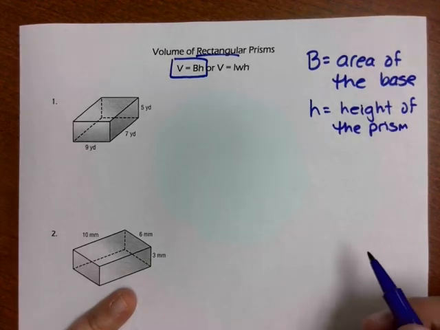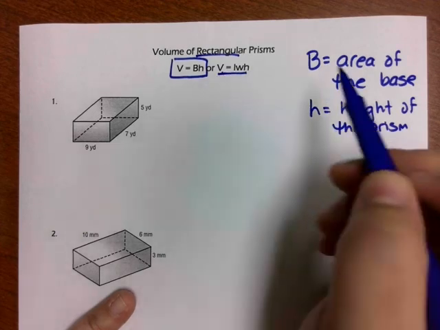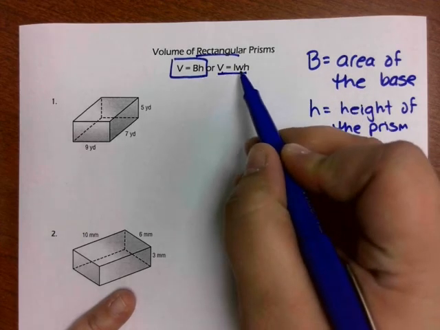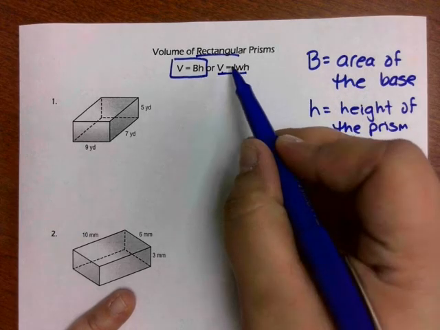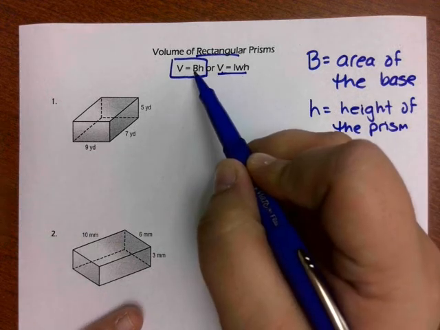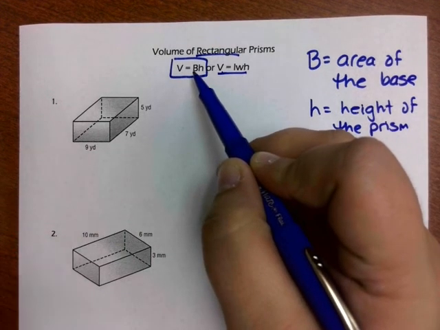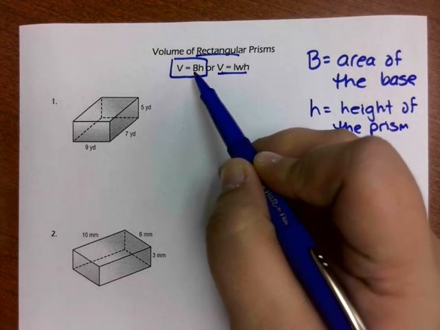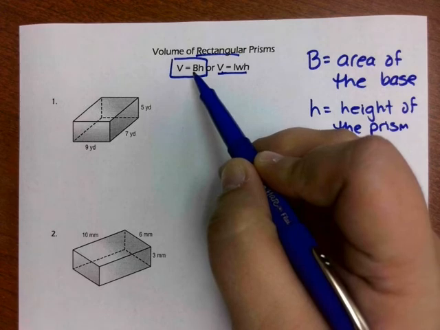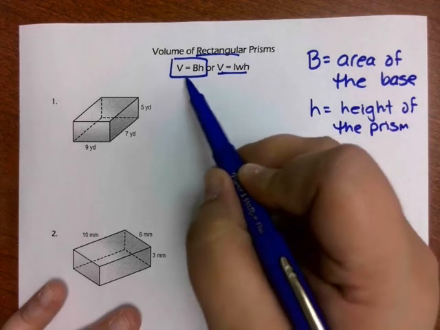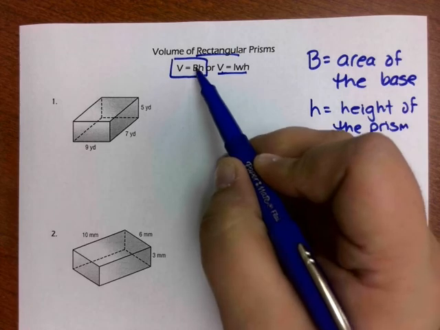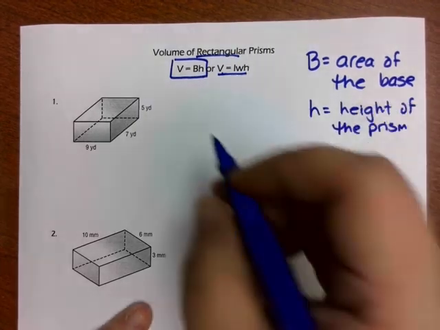In 5th grade, if you learned volume, you probably learned it as V equals length times width times height. It's the same thing because capital B is going to be replaced with the area of a rectangle, which is length times width or base times height that we learned last week. But it's still multiplying three numbers together. It looks like it's 2, but it's actually 3 when you plug in that formula for B.